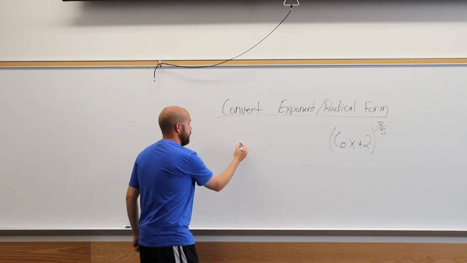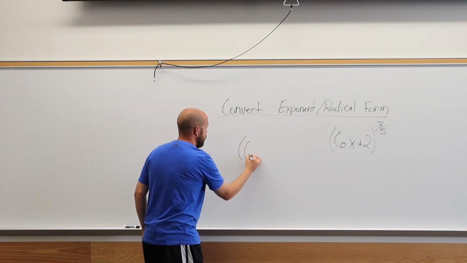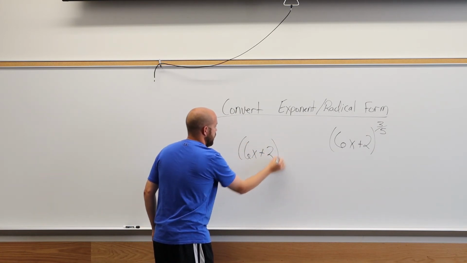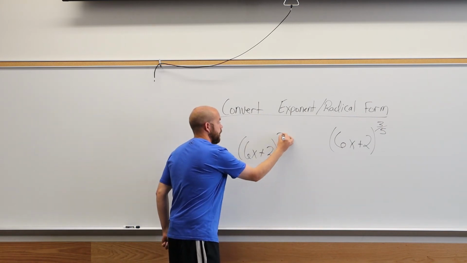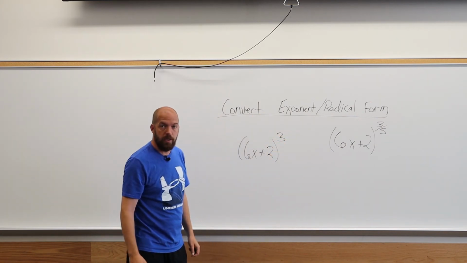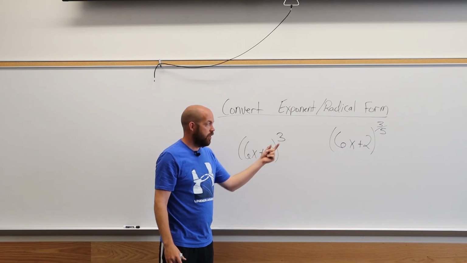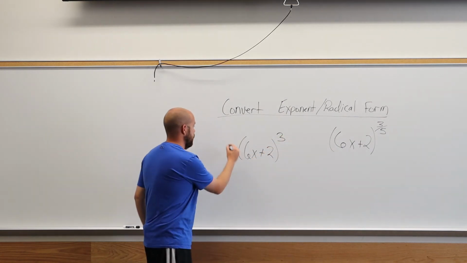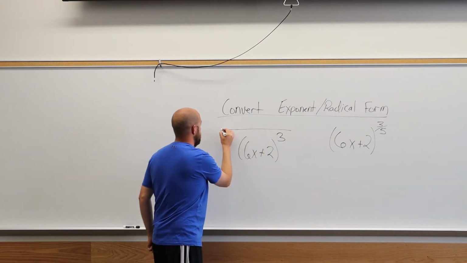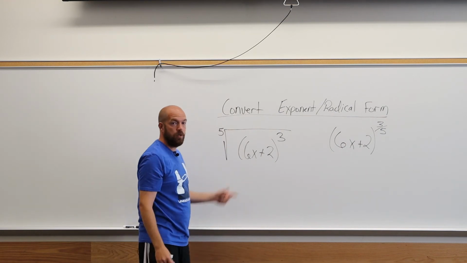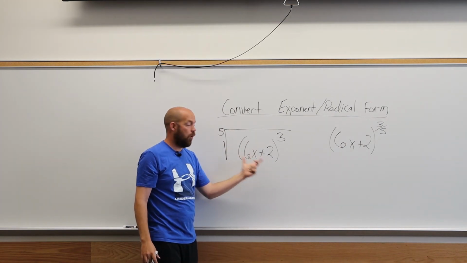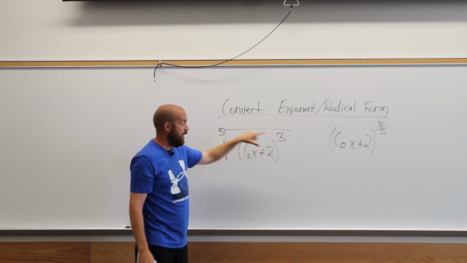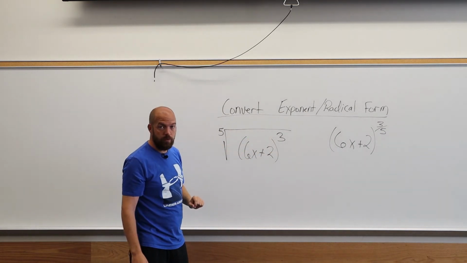So if I have the parenthesis 6x plus 2, all of this is going to have a 3rd power. That's the numerator. But all of it is going to have a fifth root, so I need a root and then a little tiny 5 up here in the corner. So this entire thing, the parenthesis, the 6, the x, and the 2, all are going to have a third power and a fifth root.